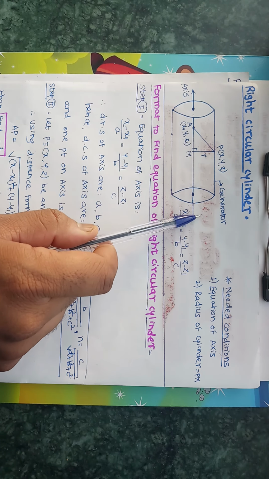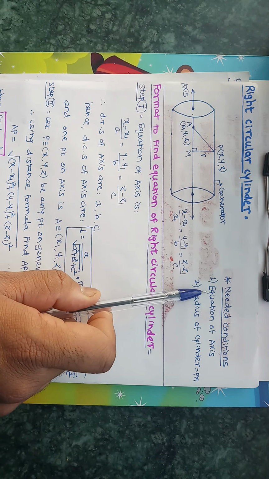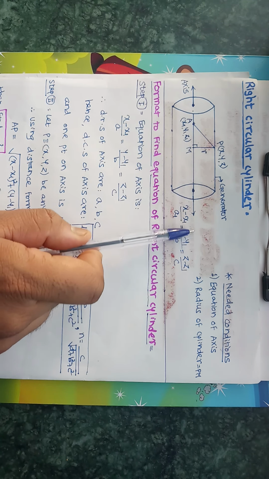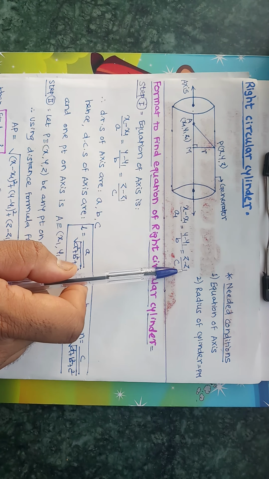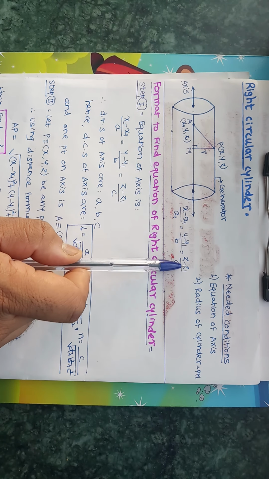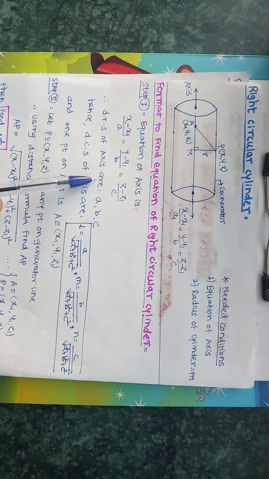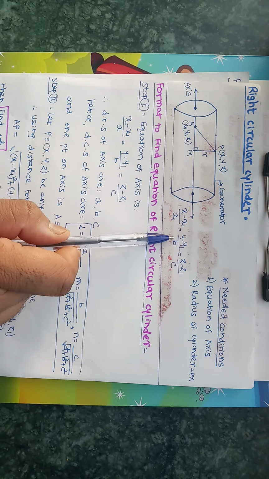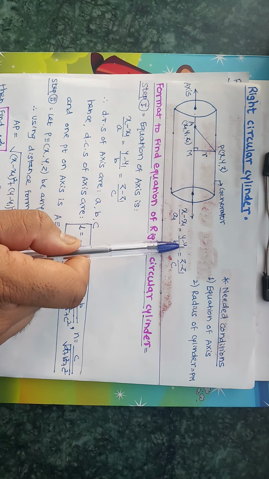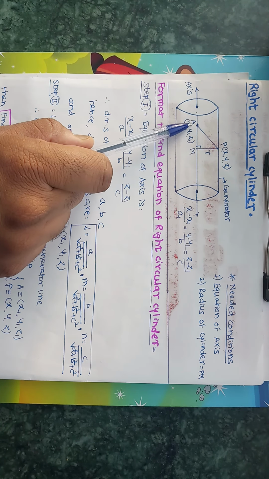So while finding the equation of a right circular cylinder, we need two conditions. What is the first condition? The equation of the axis in symmetric form. Actually it is needed to find the DRs of the axis and a point on the axis. The denominators A, B, C are the DRs of the axis, and after the negative sign x1, y1, z1 is the point on the axis, and denote this point by A always.